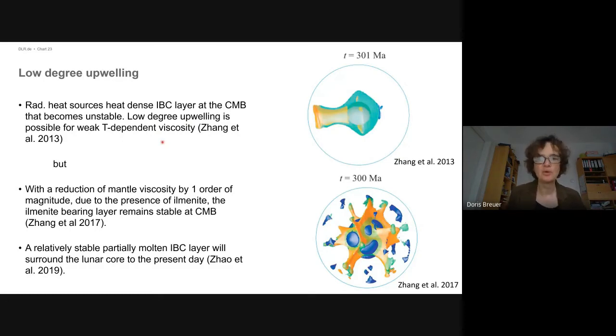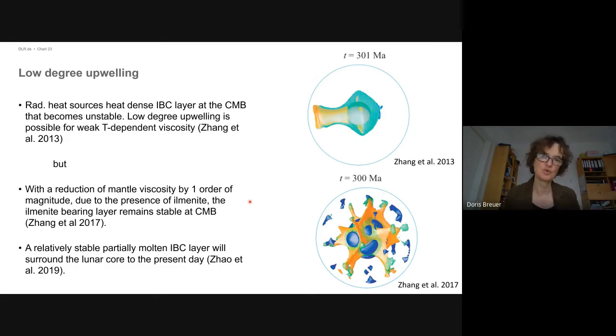It has been shown now, actually by the same authors, that this is also very unlikely because, as I said, the IBC has a low viscosity, as shown from experiments. So when you consider that, you end up again not with a low degree upwelling, but with upwelling with a lot of plumes, basically. This is also not consistent, so you can't use it to explain the Pikati.